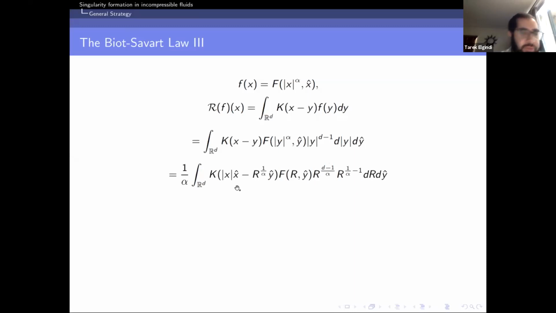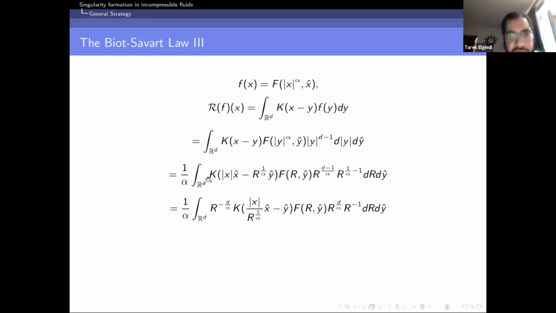And then, okay, now you use that K is minus d homogeneous, and you can pull out of it this r to the minus d over alpha, right? And that cancels directly with one of the terms from the volume element, right? And you just get this, right?